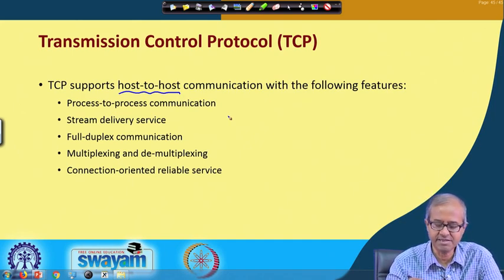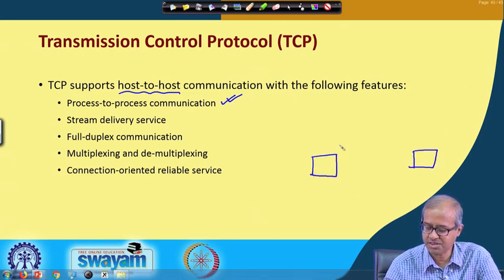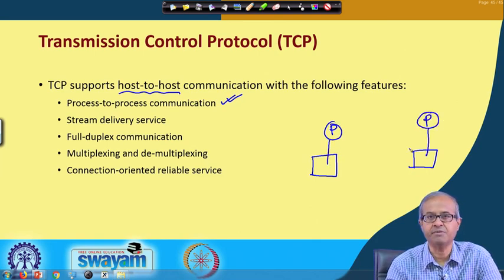The features are like this: two processes can communicate among themselves, a process on a local machine and a process on a remote machine. There can be a process here, there can be a process here, they can communicate.